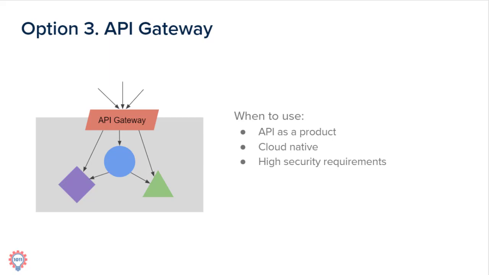Also, if you're building a cloud-native solution and decided to integrate with services like identity management and security, those integrations are already done in cloud API gateways for you, so you don't need to worry about that. And another reason why you may use API gateways is if you have very strict security requirements, so you trust providers who know how to do that to bring this functionality into your system.